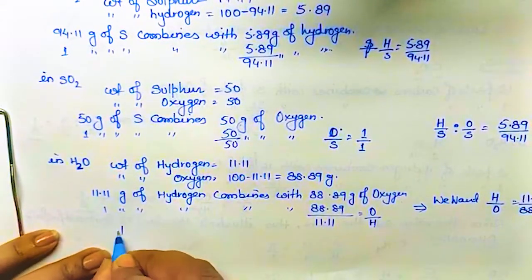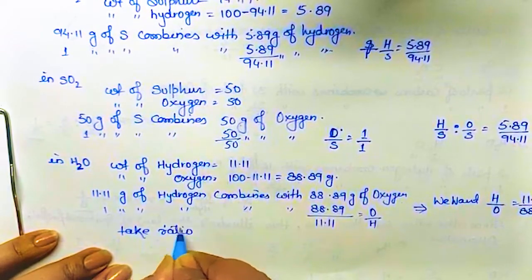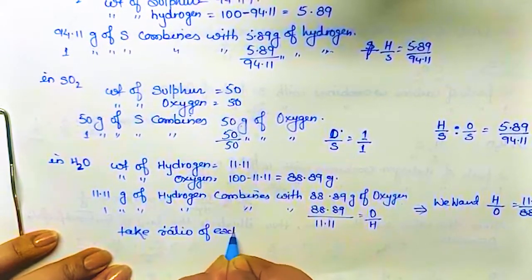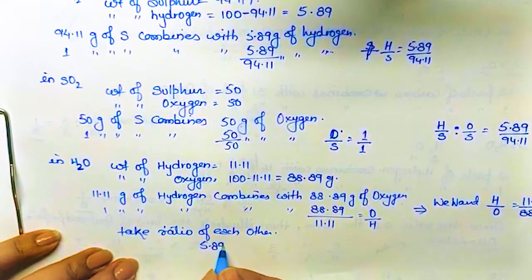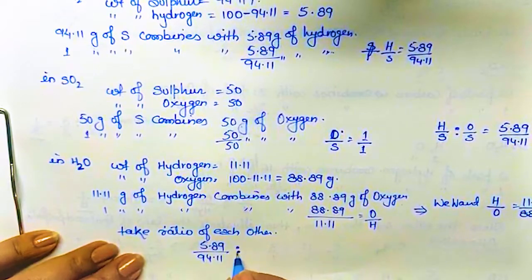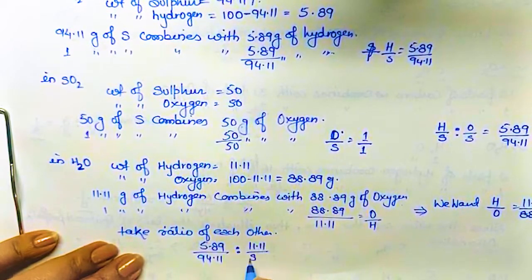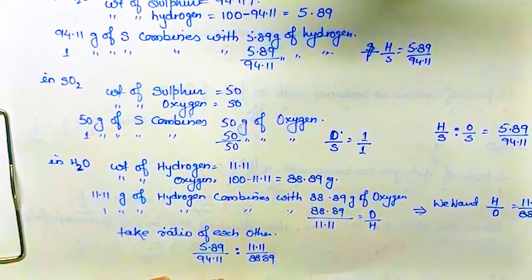So fine, take the ratio of each other. So what we will take is 5.89 divided by 94.11, and the ratio 11.11 upon 88.89. So solve it.